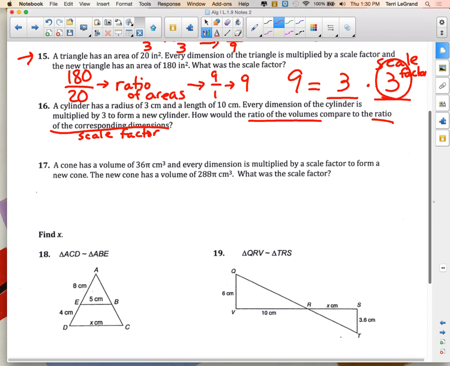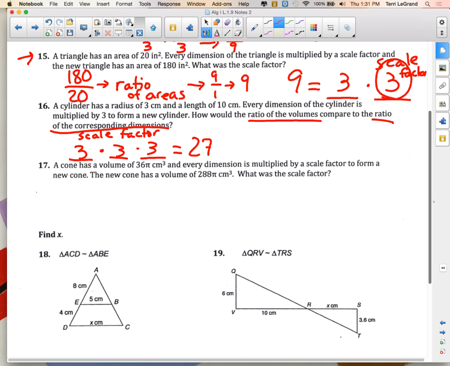So what we're going to say is, if it was multiplied by 3, what is 3 times itself, 3 cubed, what does it equal? And Corey said 27. You agree with him?